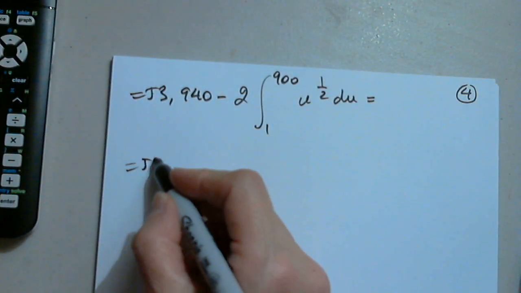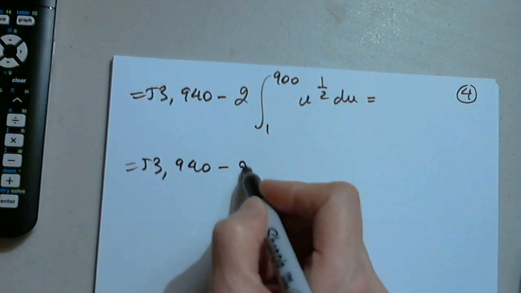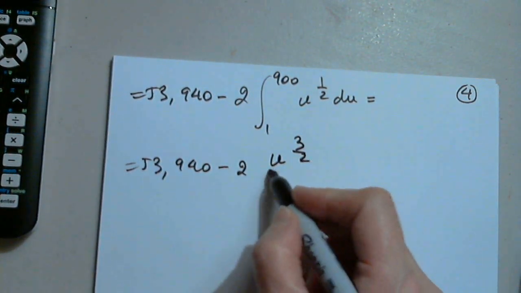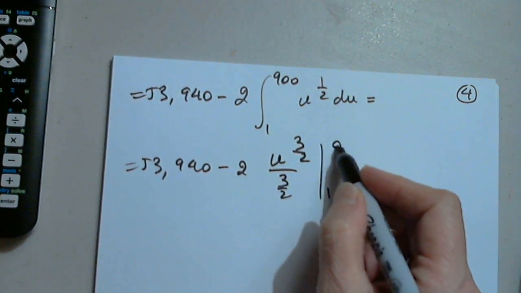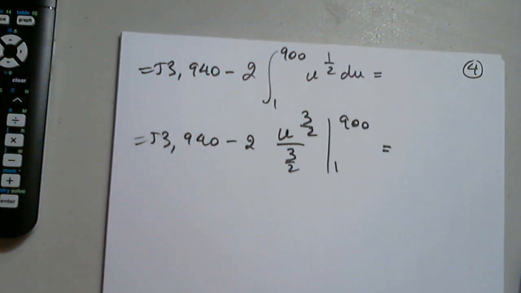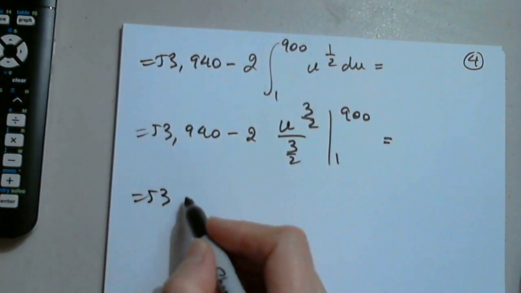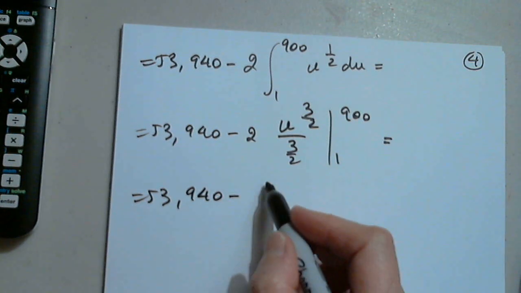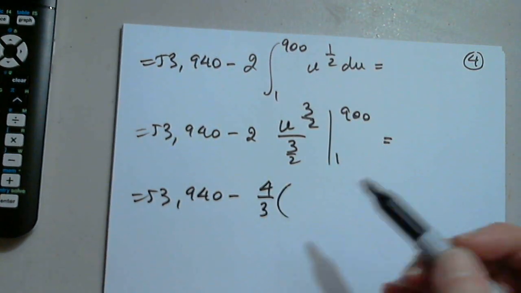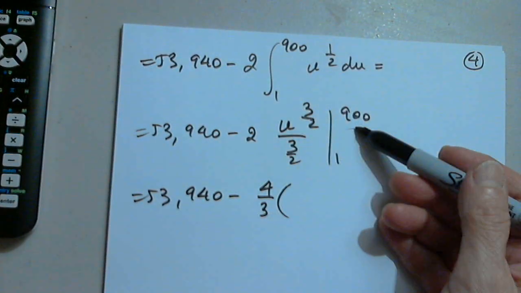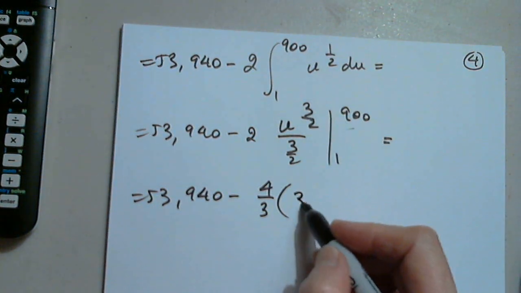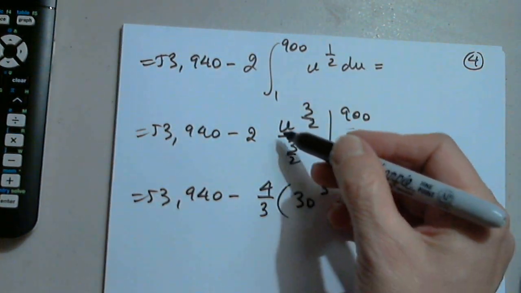So 53,940 minus 2, u to 3/2 over 3/2 from 1 to 900. So again, 53,940 minus 4/3. When I plug in 900, I have 30 to the 3rd power and minus 1.